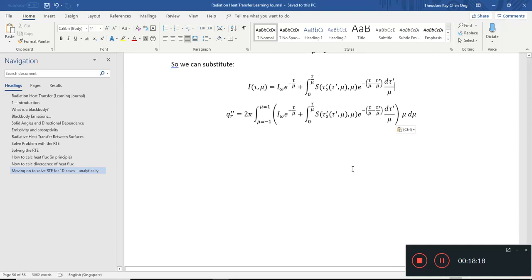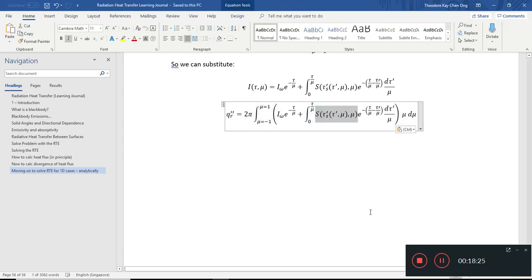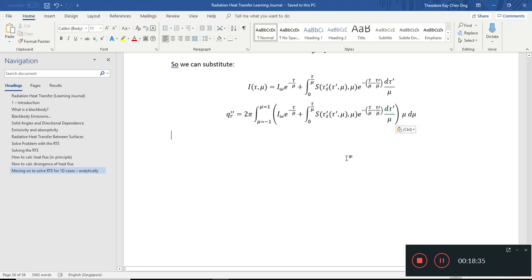Bam. Alright, so we just leave the source term as it is. It depends on the kind of scattering and emission you get, but the rest of the stuff we can start to integrate, because all of these have mu in there. So how do we do this mu integration? Next step, we do the integration with mu.